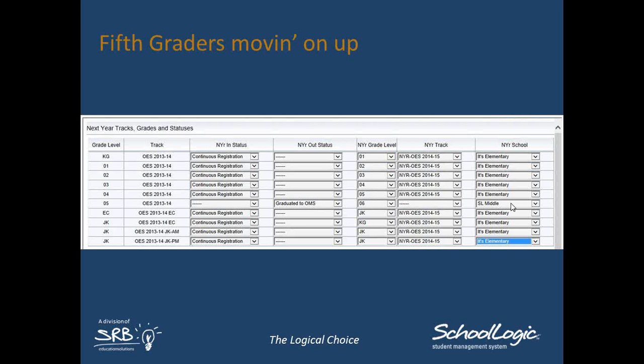So how would I set that up as an elementary operator? Well, my answer, because I'm not that smart but I'm lazy, would be I'm going to figure out which building is going to get the majority of my students. And 51% is all it takes. So if 51% of my students are going to Redford, I would make Redford my next year's school right here for all my 5th graders.